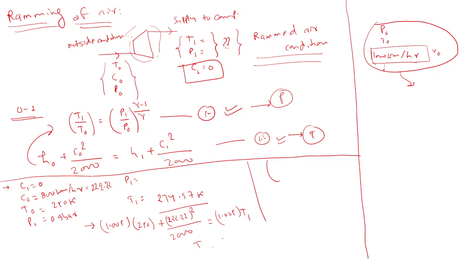Temperature will become 274.57 Kelvin, and now put here 274.57 divided by 250 is equal to P1 divided by 0.9 to the power 0.4 divided by 1.4. Whatever will come, it would be the P1 from here. So P1 will become how much? 1.25.